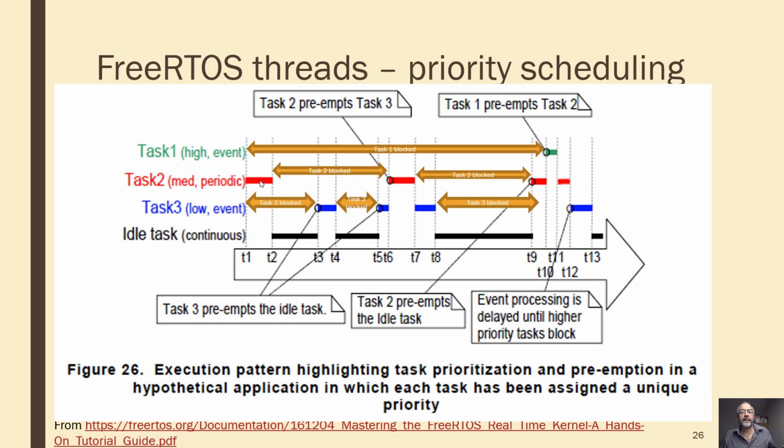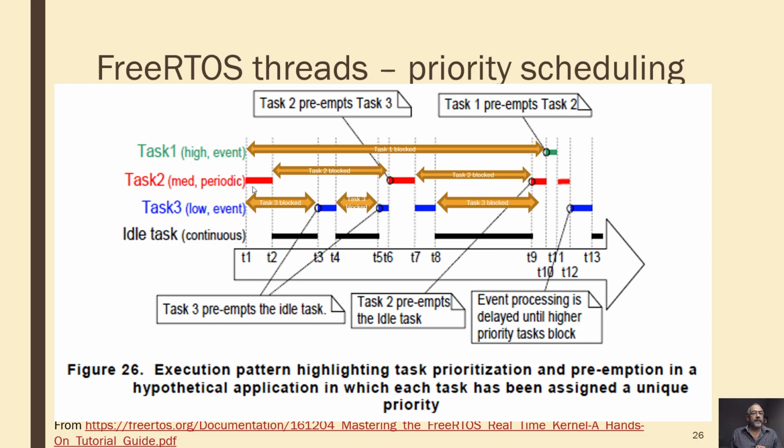So it's periodic, as it says. And task 3 is each time also waiting for an event, with different times in between. So the arrow shows when it is blocked. And down here we see the idle task when that one is running.